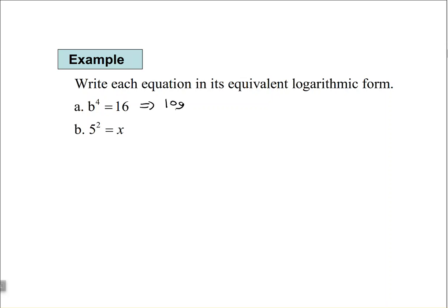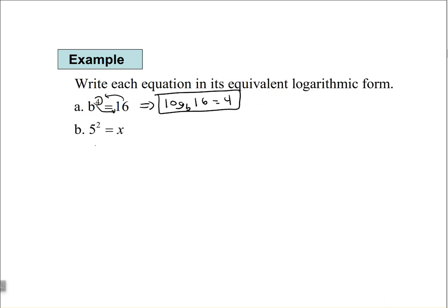The base of the exponent will become the base of the logarithm, and then the 4 and the 16 will swap sides. So we're not simplifying anything. We are just writing these in the equivalent logarithmic form.